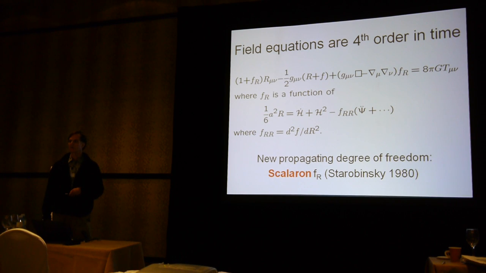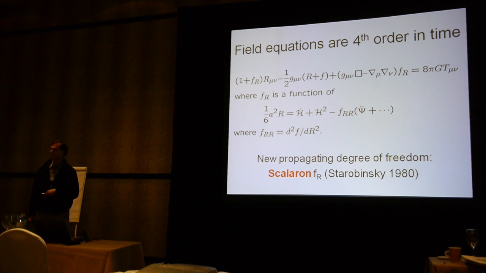I'm going to focus on the dynamics beyond the Robertson-Walker, and I'm going to look at the evolution of this field and its perturbations. And it is important to point out that although this looks like a second-order equation because I have two time and space derivatives here, this f_R is a function of the Ricci scalar, and the Ricci scalar itself has two derivatives.